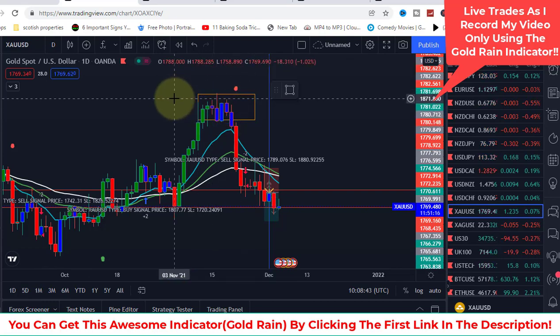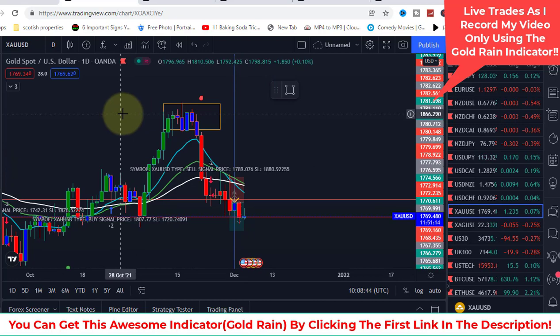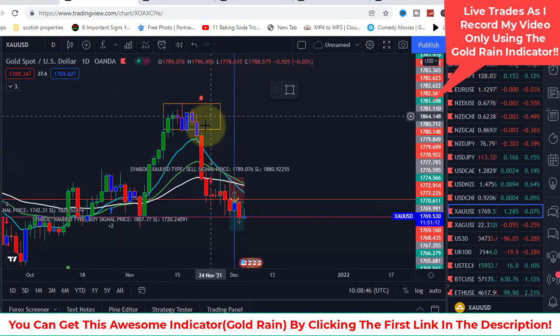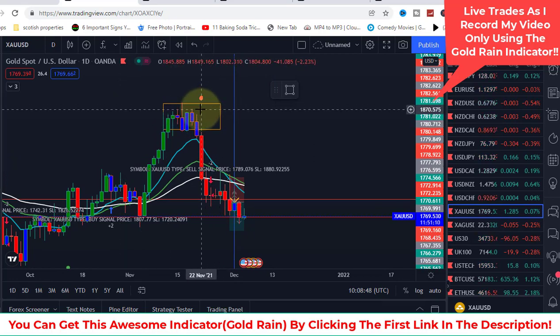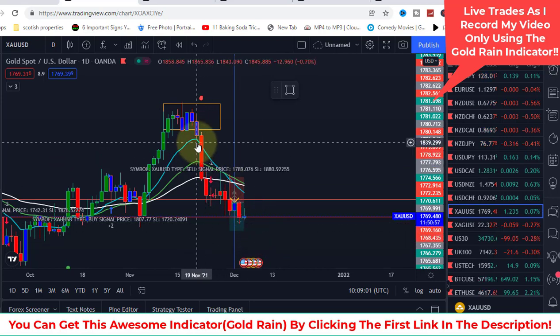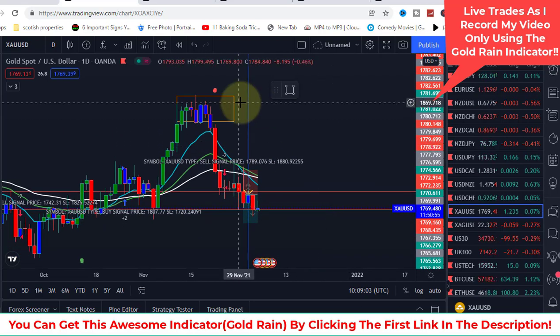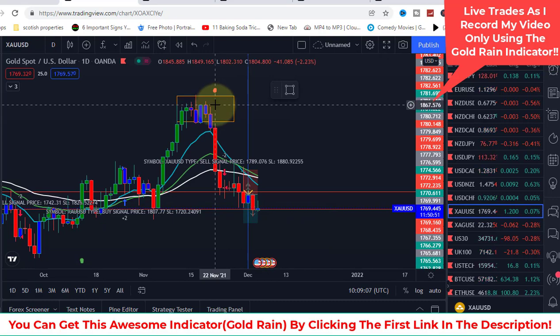But right after, on 22nd of November, we see this red line telling us to absolutely expect a massive price drop. That's where I should have entered, but I entered on 26th of November for my trades.